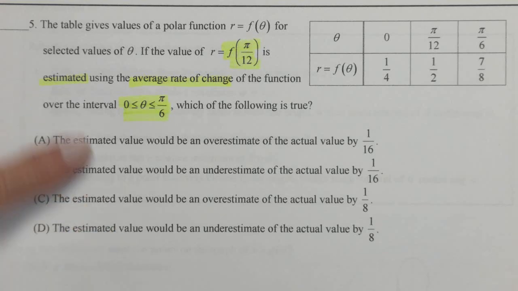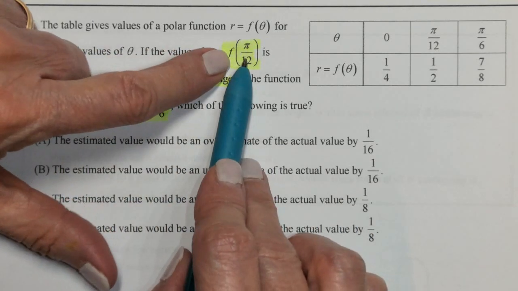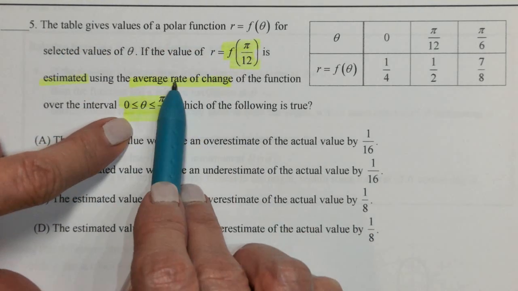And it's talking about overestimate and underestimate. So the first thing we're going to do is find this estimate using the average rate of change.